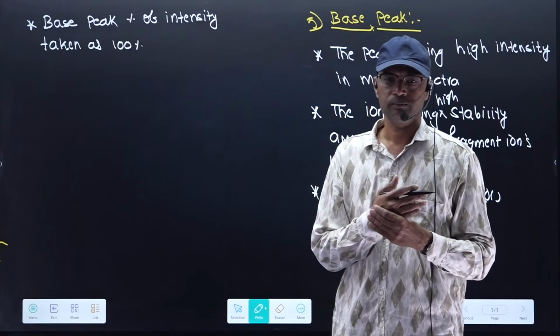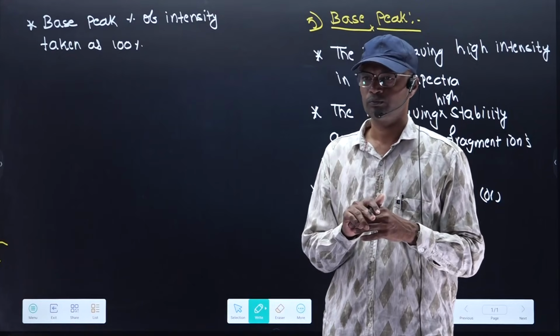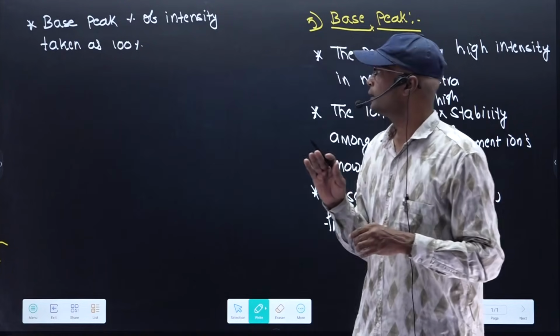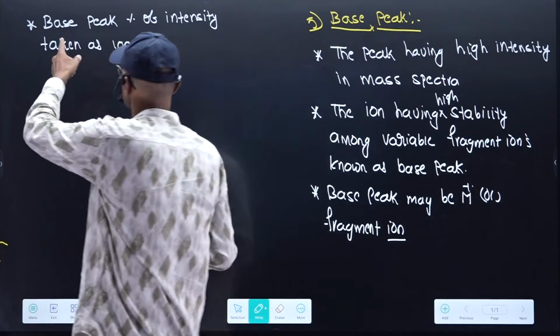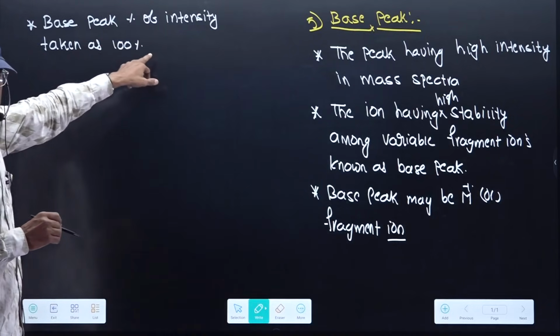Suppose the topper got 92 marks and you got 42, no use, your percentage is very poor. That is the difference. So that's why the base peak is very, very important in mass spectrometry. The base peak percentage of intensity is taken as 100%.